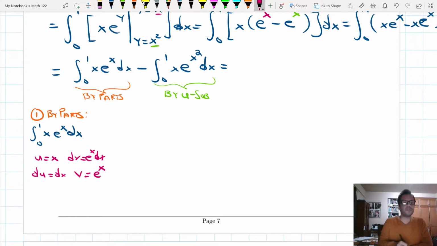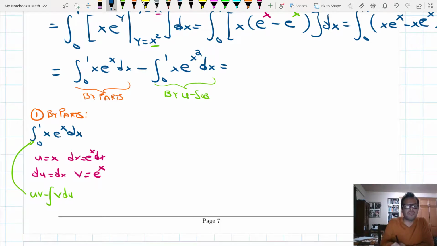Then we are going to use the formula for integration by parts, right? Recall the formula is u times v minus the integral of v du. That's the formula we're going to use to simplify that integral right there, right? Okay, so let's go ahead and do that.